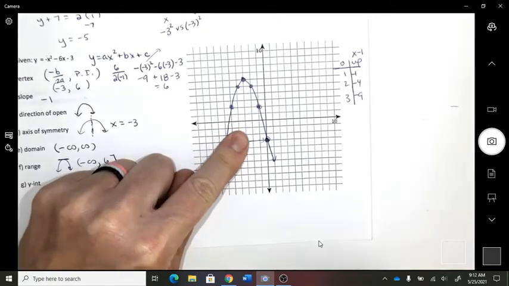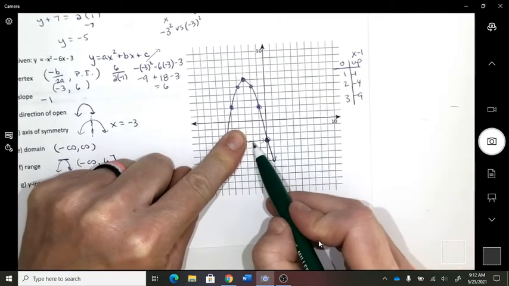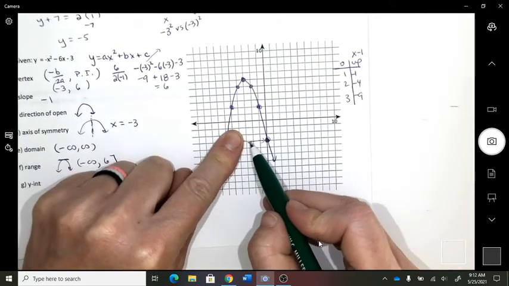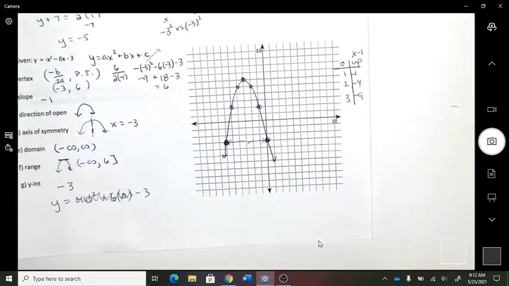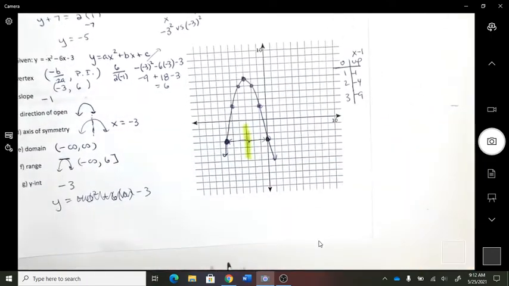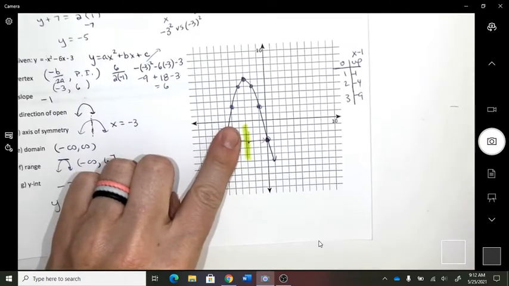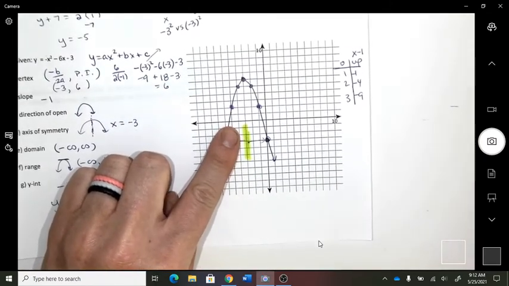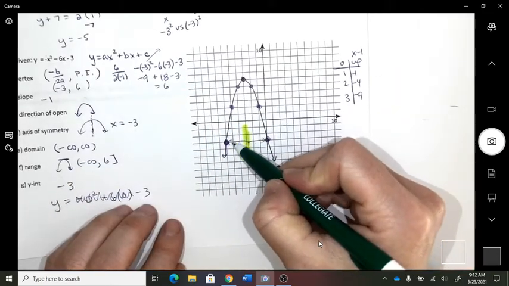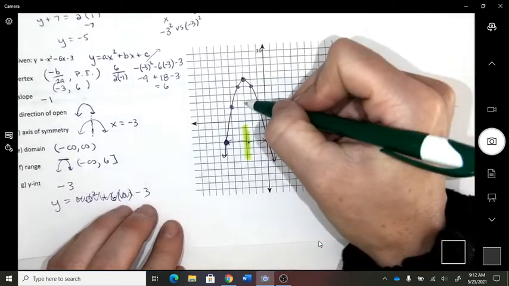If I didn't know that point, so this is 3 off of the axis of symmetry. Right? So now I just go 3 off of the axis the other way. So 1, 2, 3.